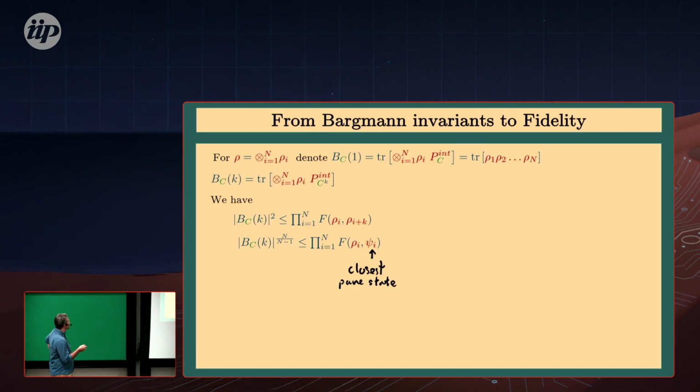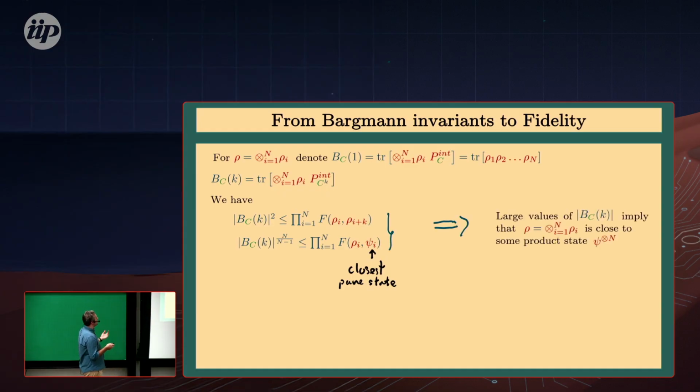Then we can prove some fairly simple bounds that say that the product of fidelities of neighboring states in this cycle is lower bounded by its value. And we can also put a lower bound on the product of fidelities to pure states that are closest to rho_i. So when you combine this, qualitatively you get that large magnitudes of all those invariants imply that this product state is close to a product pure state.